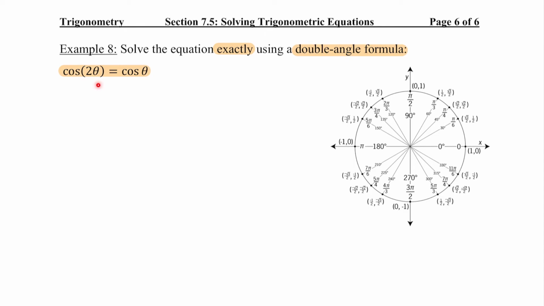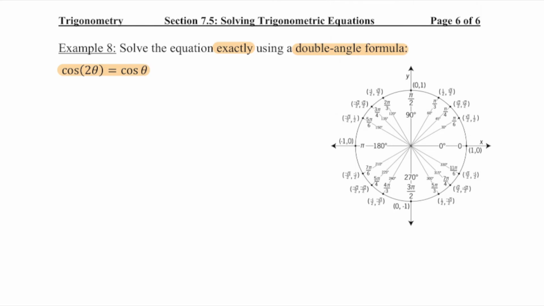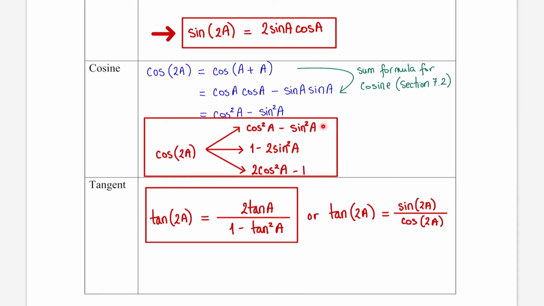Let's go back to the formula page on 7.3. These are three variations of the double angle formula for cosine. You can use either one of these. However, I am going to use this one. Cosine of 2a equals 2 times cosine squared a minus 1.